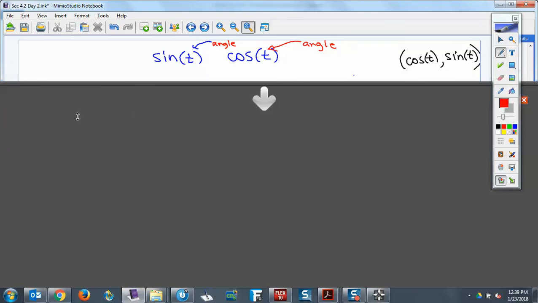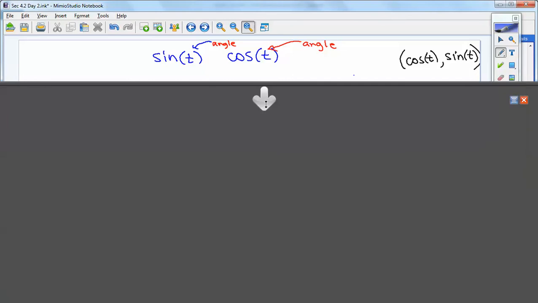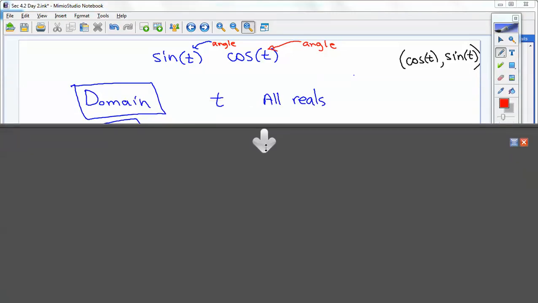So anyway, we have inputs and we have outputs. So the domain of the sine and cosine functions, all reals. We can plug anything into the sine and cosine function. Now, obviously not tangent. We already saw sometimes when tangent was undefined, right? Whenever cosine is 0, whenever the cosine value is 0, tangent's going to be undefined because it's sine divided by cosine.